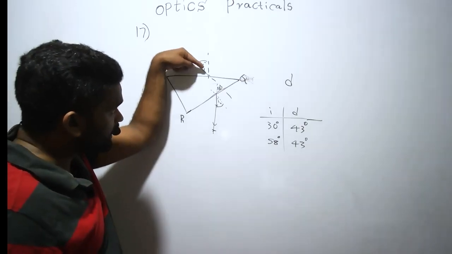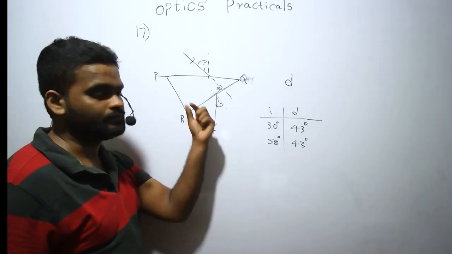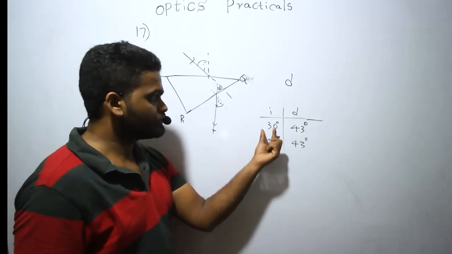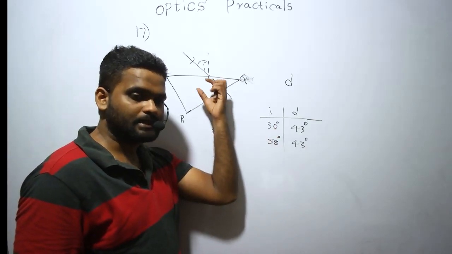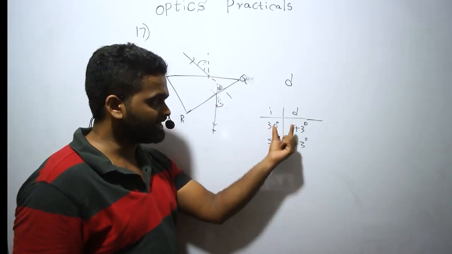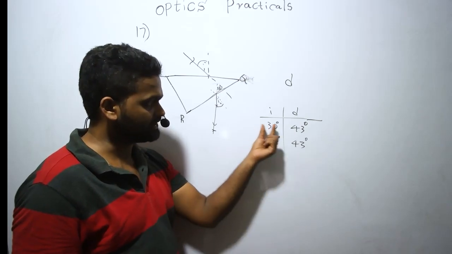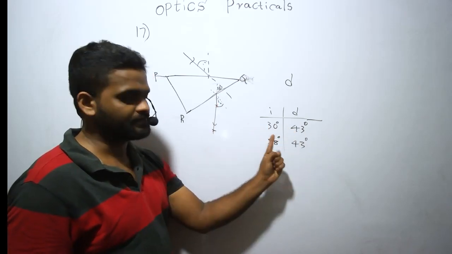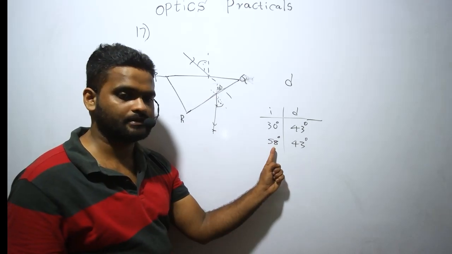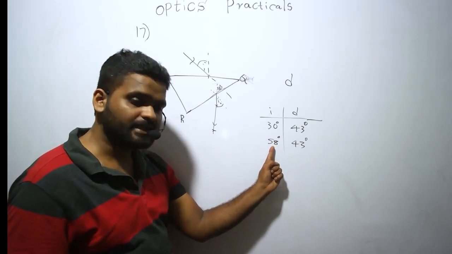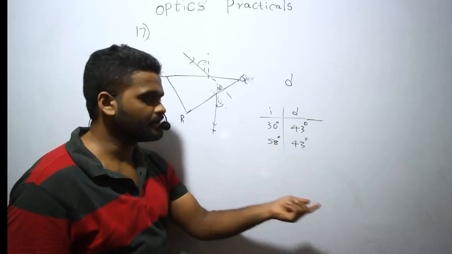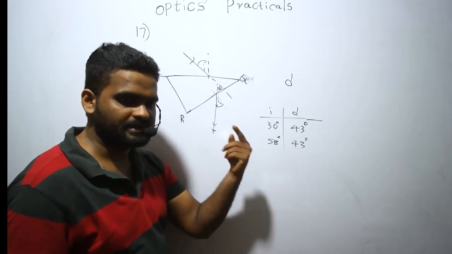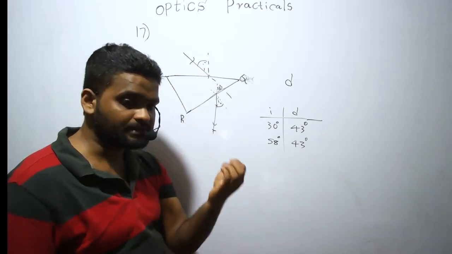So for I1 and I2, we'll have the same angle of deviation. So just by doing this experiment one time, you can take two coordinates, right? For 30, if it is 43, and if you measure this angle as 58, for example, for 58 as well, without measuring, you can just directly put 43. That is what we call reversibility of light.